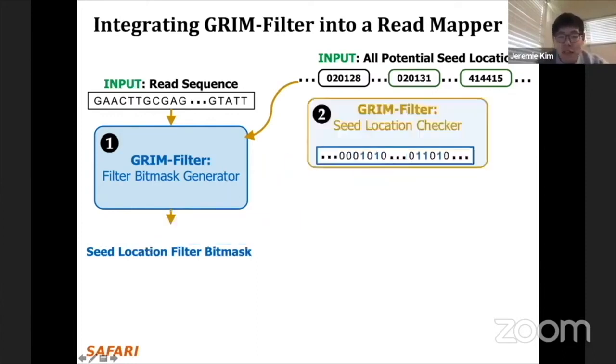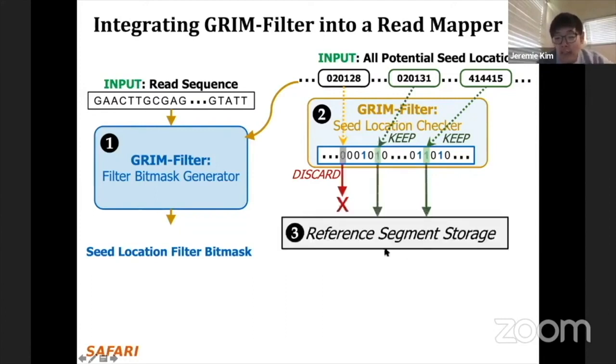So we send this bit mask over to a seed location checker, which compares the bit mask to the potential seed locations, and only passes on the seed locations that actually pass, which is basically the indices that have a 1. Anyone that has a 0 is basically discarded.